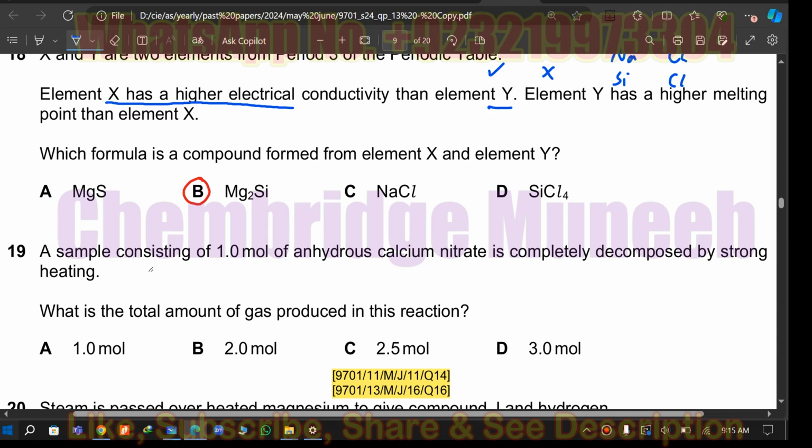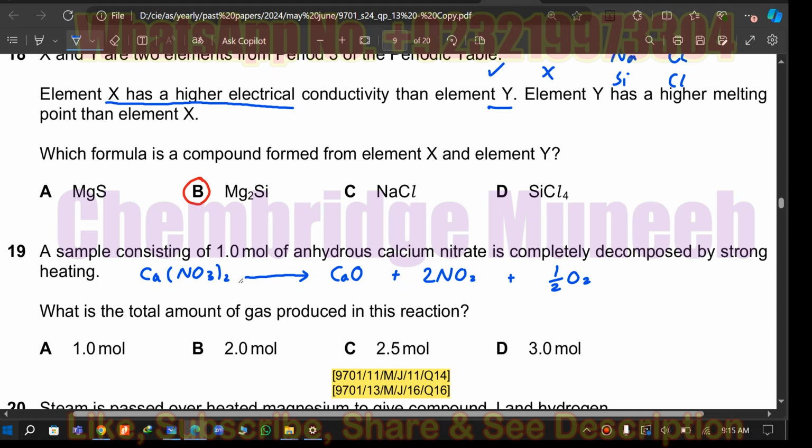So I'm writing the chemical equation of decomposition of calcium nitrate: calcium nitrate decomposes into calcium oxide plus 2NO2 plus oxygen as half of a mole. So I have this equation.